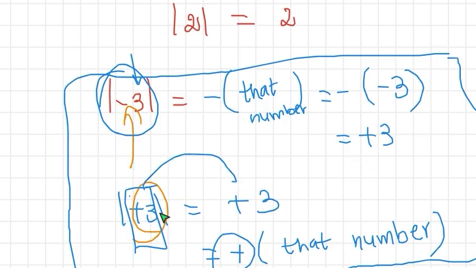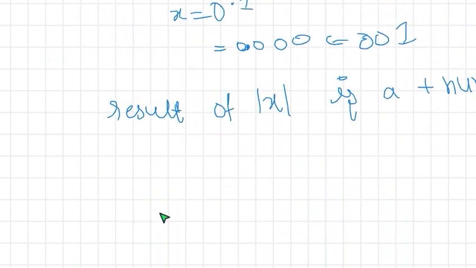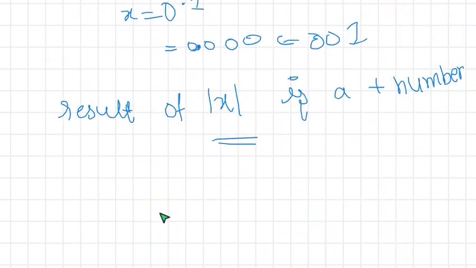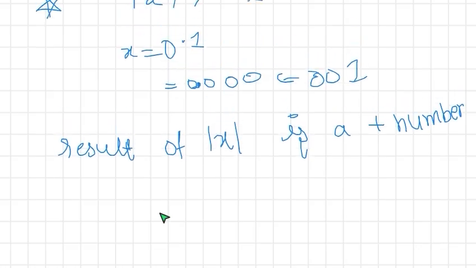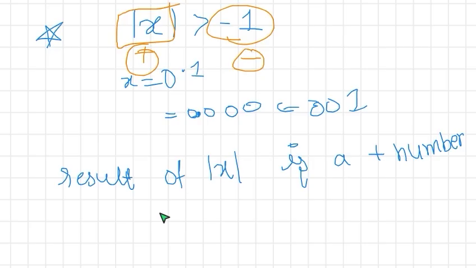So the result of the absolute value of x is always a positive number. Do you understand? So this number is a positive number and this number is a negative number. Positive greater than negative, right?